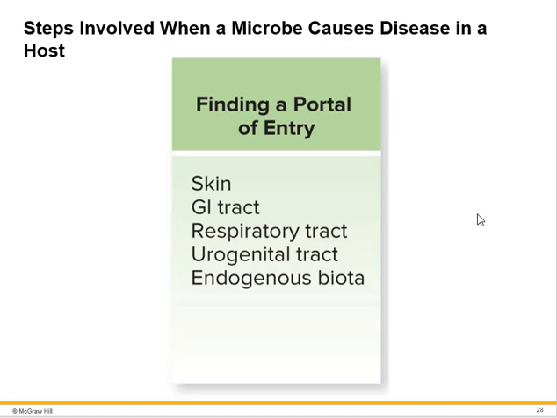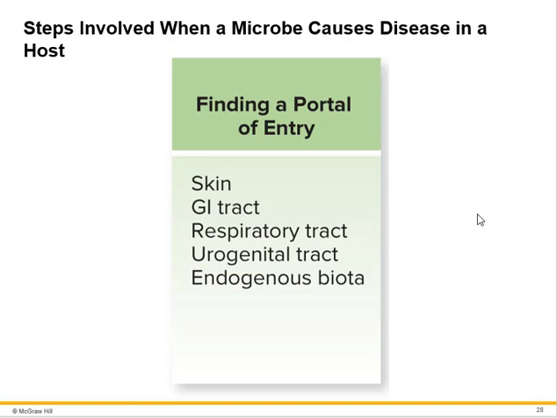So the first thing is that they find a portal of entry, and it is also the correct infectious dose. You have to have a high enough infectious dose for this to really be able to do anything, but for sure it has to come in through the correct portal of entry.